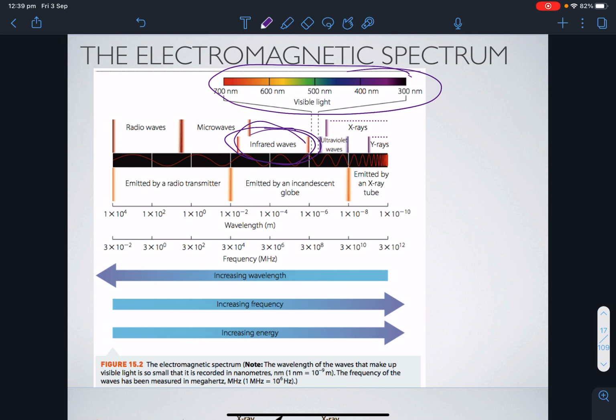So infrared does a special thing to molecules. And up above light we've got UV, ultraviolet, so we use that in UV vis spectroscopy as well. And right down the bottom here, in the lowest frequency, longest wavelength, we've got radio waves, and they come into NMR.